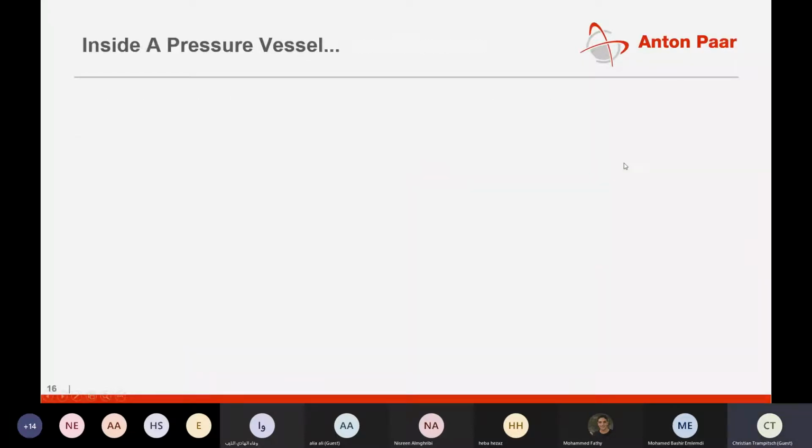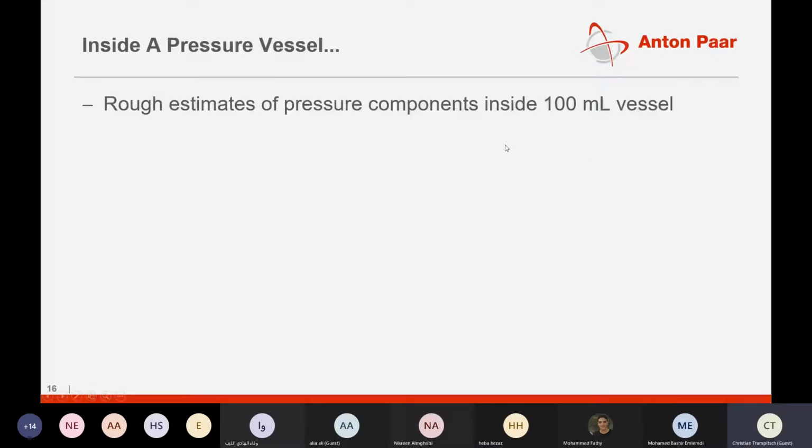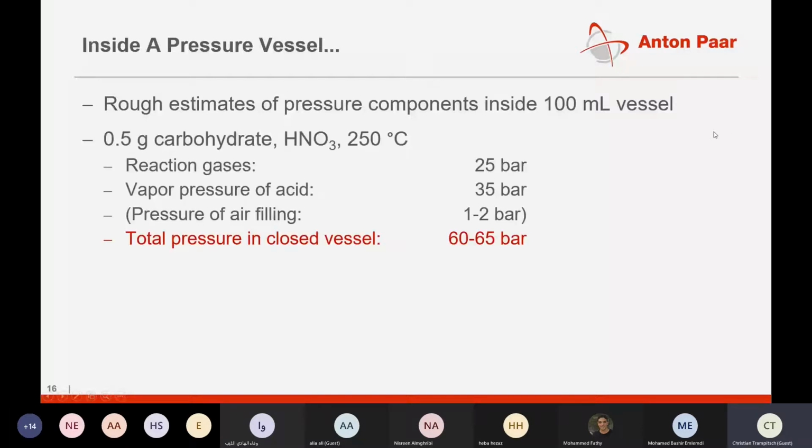We made some considerations a few years ago. We had a look at a standard 100 milliliter digestion vessel. This is what you find quite regularly on the market nowadays, 100, even 110 milliliter vessels. But what is going on inside such a vessel? We just assumed a simple food digestion: half a gram of some carbohydrate, nitric acid, 250 degrees.